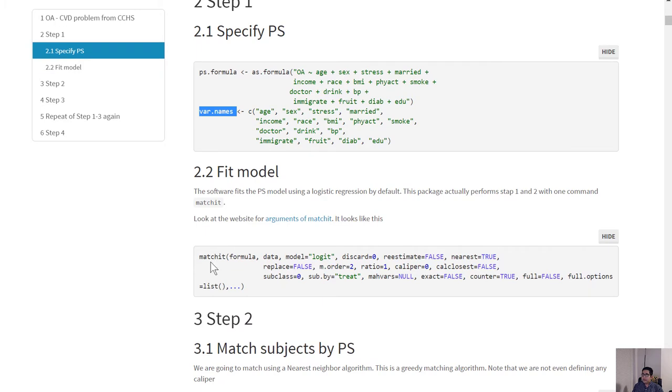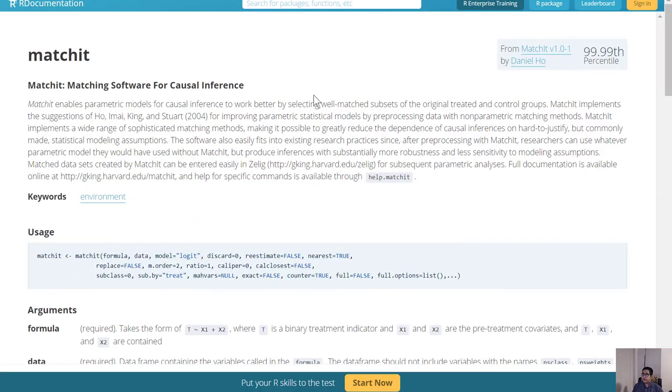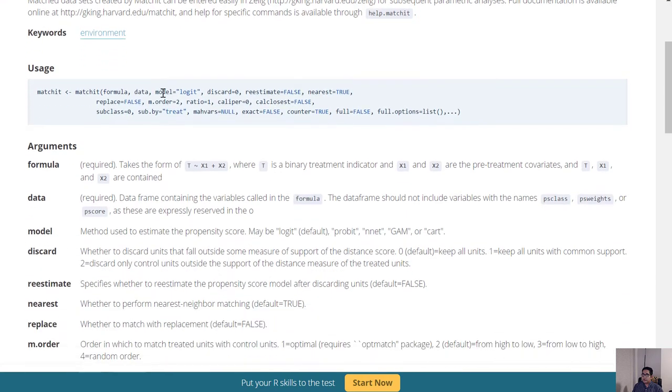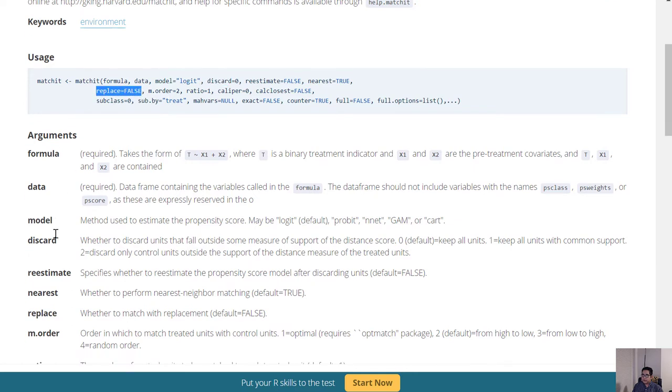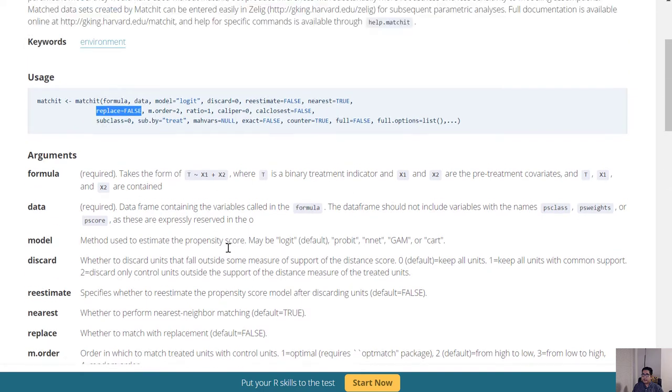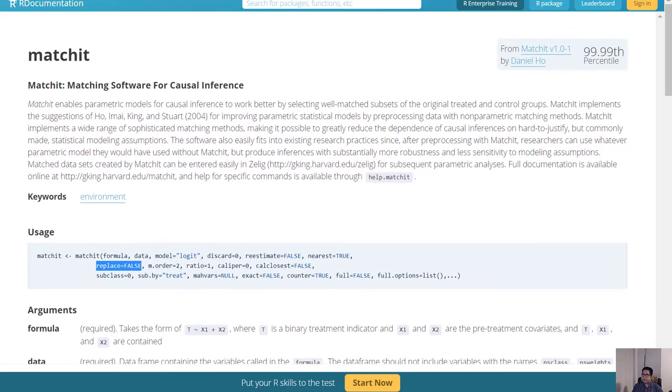Alright, so to fit the propensity score model, I need to use the matchit function from the MatchIt package, and there are some specific arguments here that you can see from the website. Say for example, if you go to the website, you can see what the different arguments are, what this model means, what this discard means, what this replace means, and all of this description you can find in the R documentation.